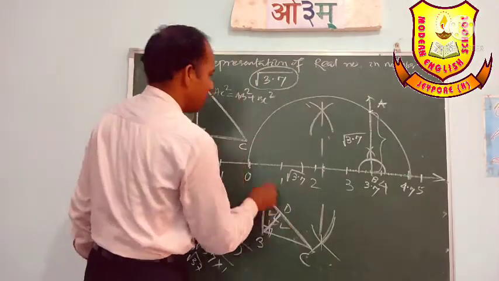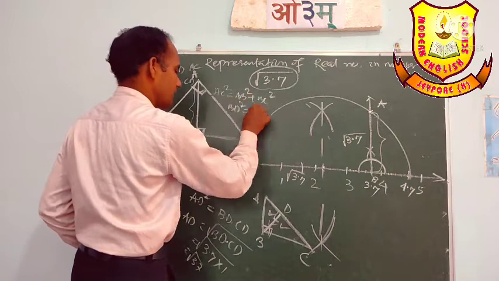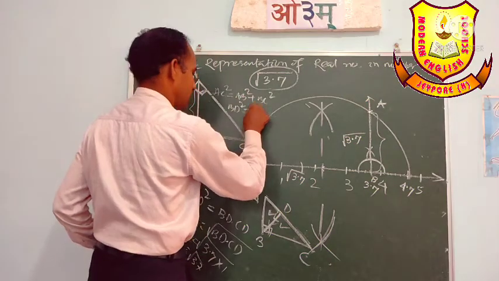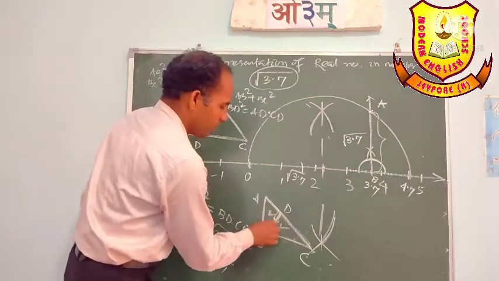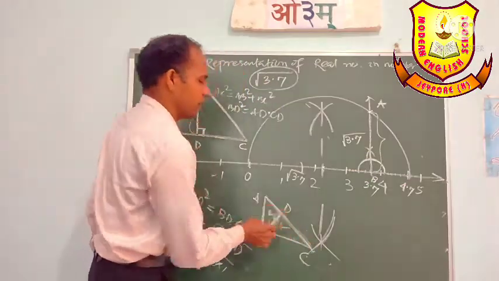And we can prove BD square equals AD into CD. The concept applied here is BD square equal to AD into CD.